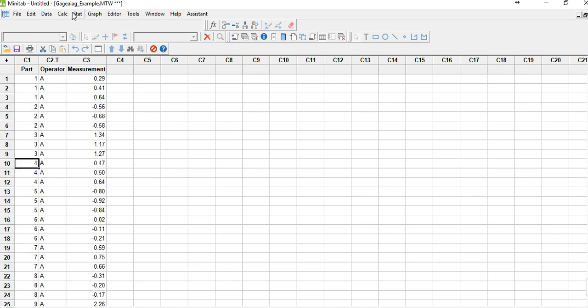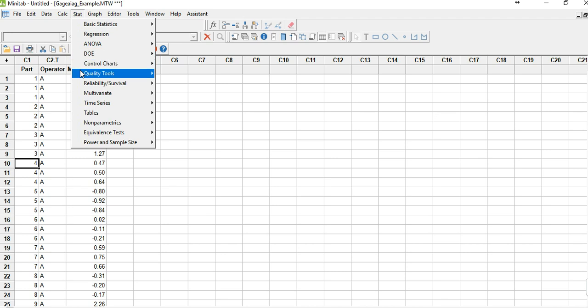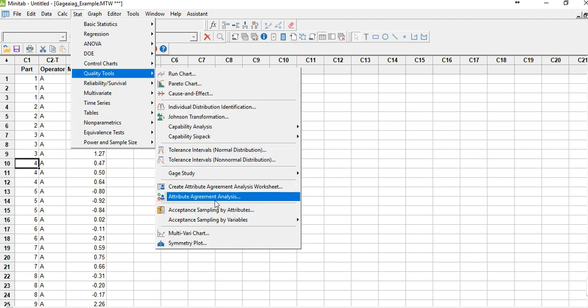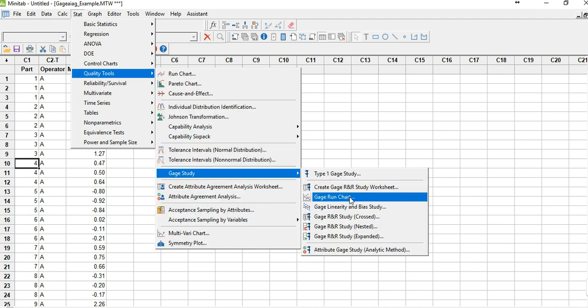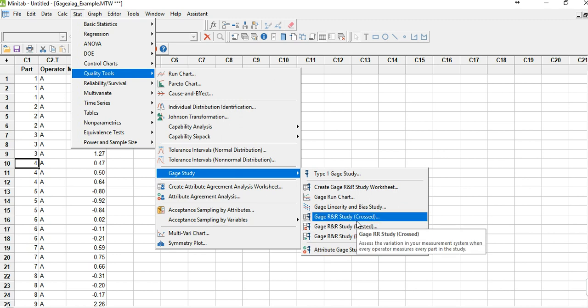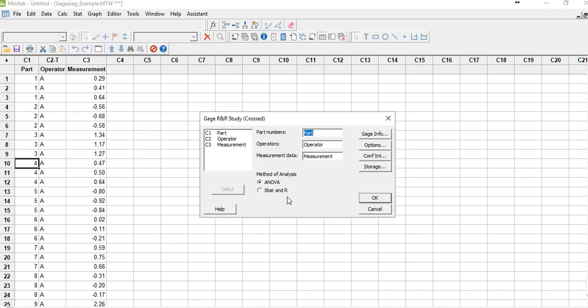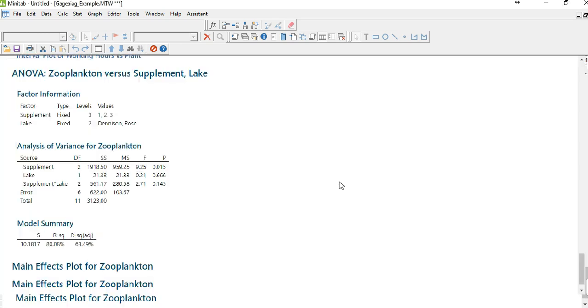Okay, so you go to Stat, Quality Tools, Gauge Study. Remember, we are using a crossed design. Okay, so the part is parts, operator is operator, measurement is measure, and we leave the method as ANOVA. So we hit OK.